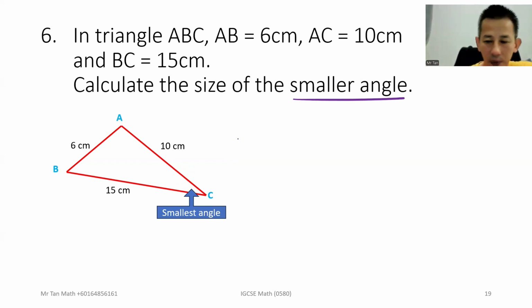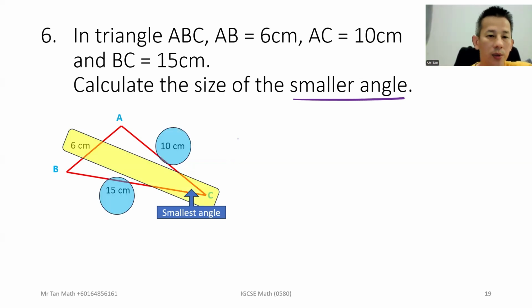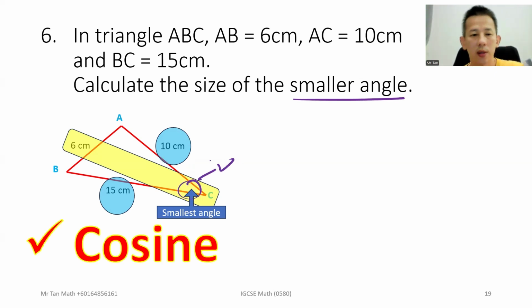So you check the information: you have one pair and two sides, and the unknown is the angle. Yes, we can use the cosine rule. So the smallest angle, I just label this as x.